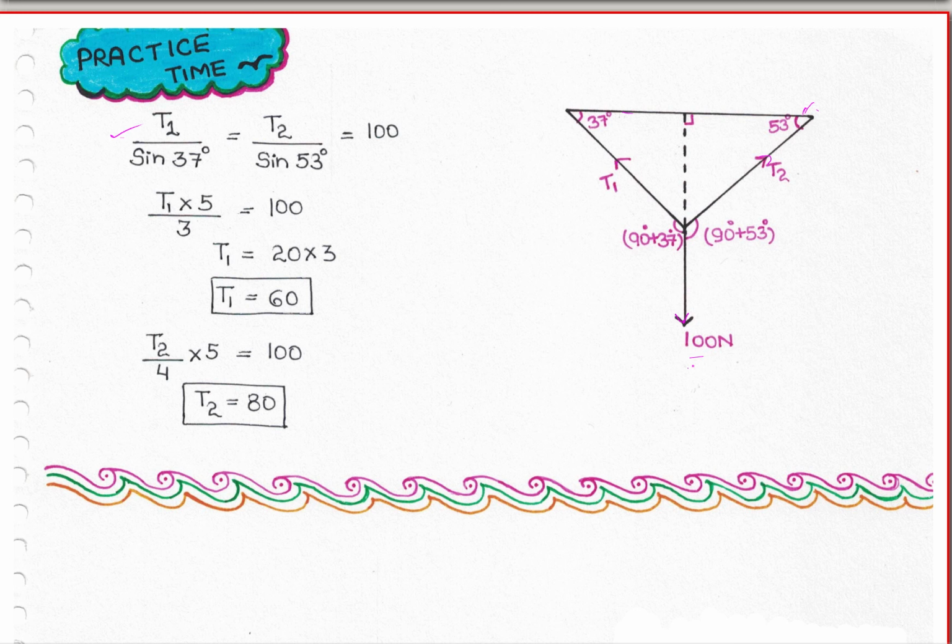We can take 100 Newton force along this direction, which is perpendicular to this axis. So T1 by sin 37 degree is equal to T2 by sin 53 degree is equal to 100 using Lami's theorem, or T1 into 5 by 3 is equal to 100, or T1 is equal to 20 into 3, T1 is equal to 60. So we can also find T2 is equal to 80.